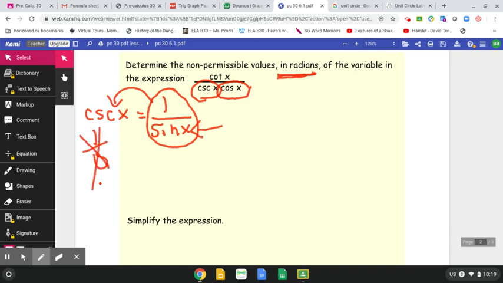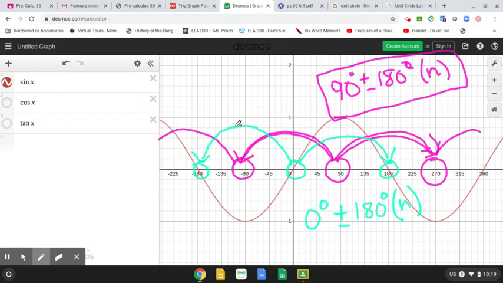And can we do that? Nope. So back to my Desmos, back to my sine graph. This is in teal. So where was sine equal to 0? We literally just did this. It was equal to 0 here and here, and we came up with 0 degrees plus or minus 180 degrees.